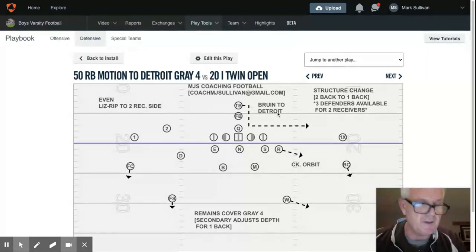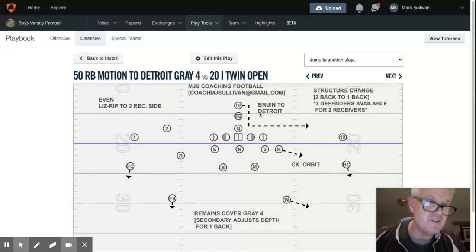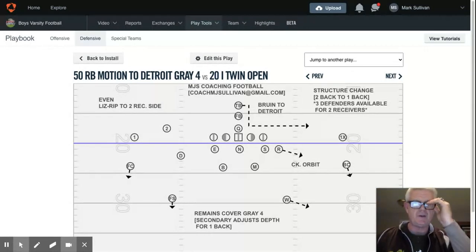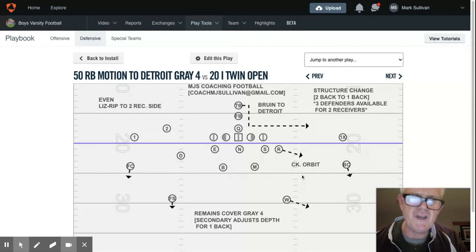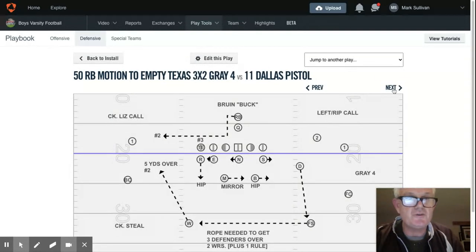It's Detroit, but the same logic: D for double, 2x2, one back formation. That's a whole other lecture. Personnel is one thing, but the formation is another. Again, we have three people available to cover two. Got to go by a couple of empty formations, which we haven't covered yet.